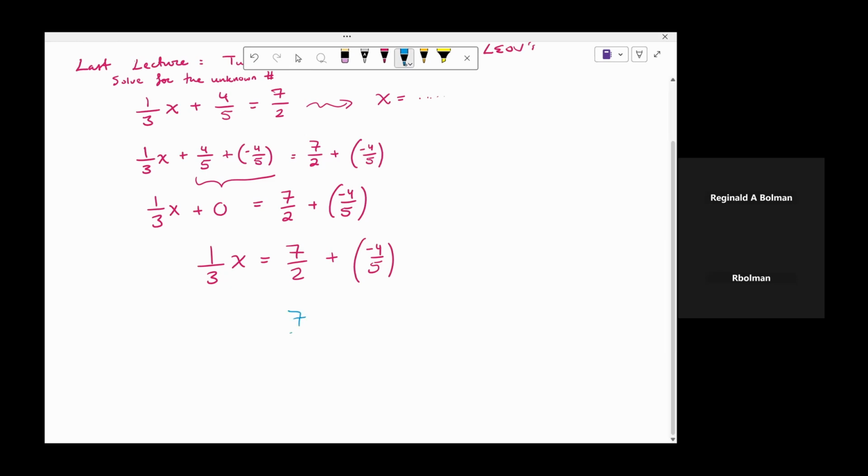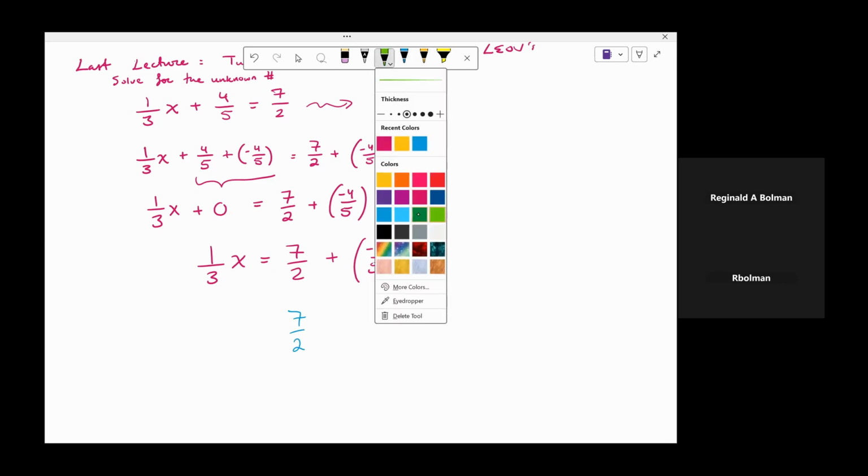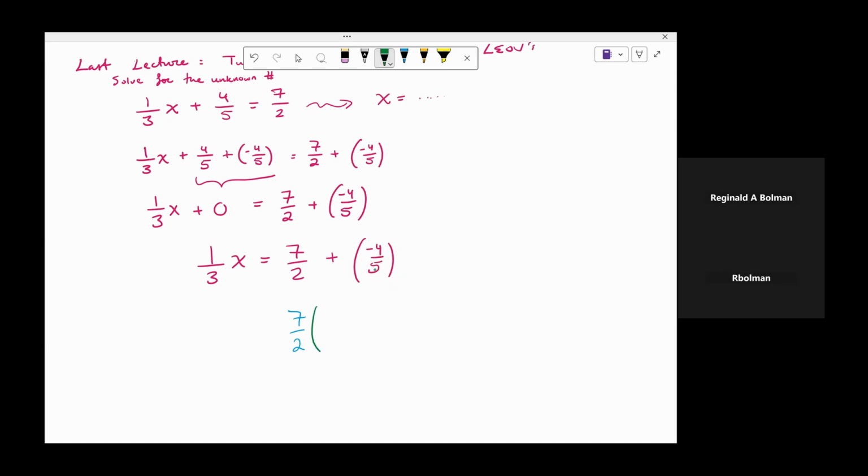Recall the strategy that I teach you in class is to multiply by the opposing base. You're going to multiply the top and bottom of 7/2 by 5/5. You'll take negative 4/5 and multiply it by 2/2, the opposing denominator of the other fraction.